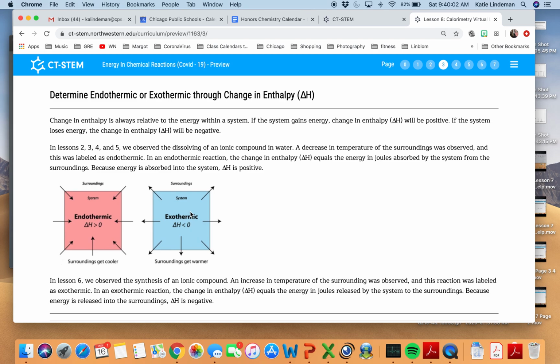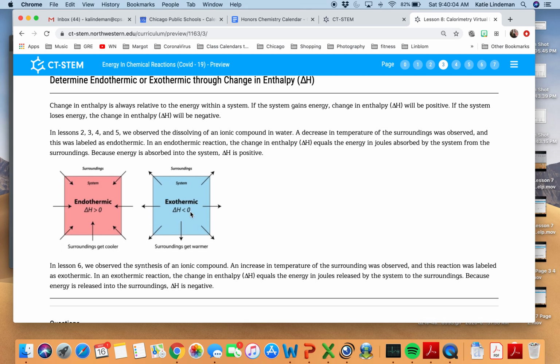In an exothermic reaction, like in the synthesis of an ionic compound, an increase in temperature of the surroundings was observed. This means that we have energy going from the system to the surroundings, so the system is losing energy. Since the system is losing energy, that means that we have a delta H that is negative, that is less than 0.